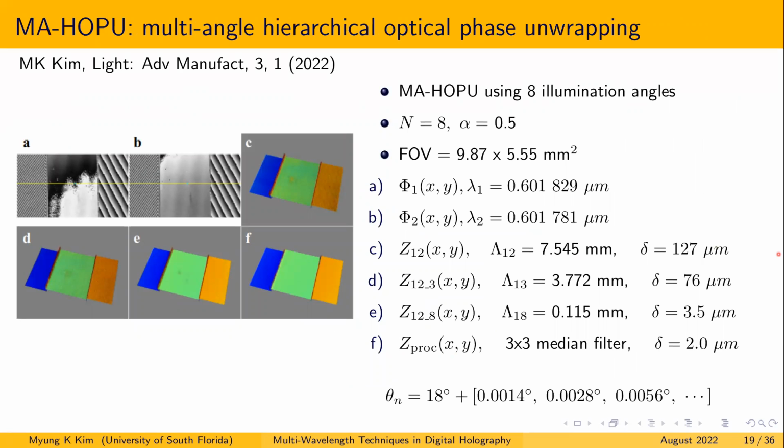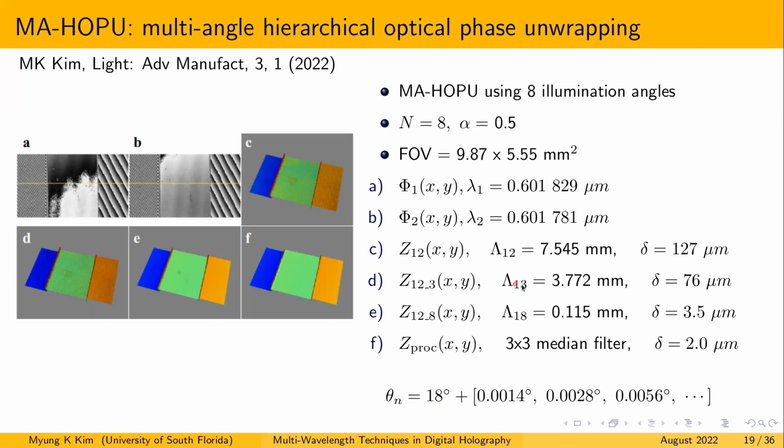In this example, a set of three mirror-like surfaces are imaged using 8 illumination angles. The first two effective wavelengths, here and here, are 0.05 nanometer apart, by changing the angle by 0.0014 degrees from 18-degree bias, which gives overall range of lambda 1, 2 equal to 7.5 millimeter.